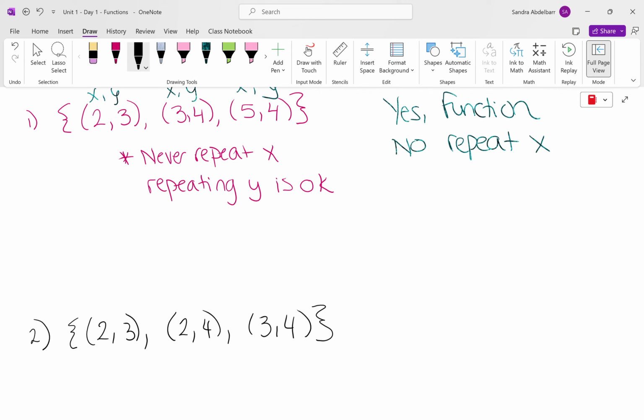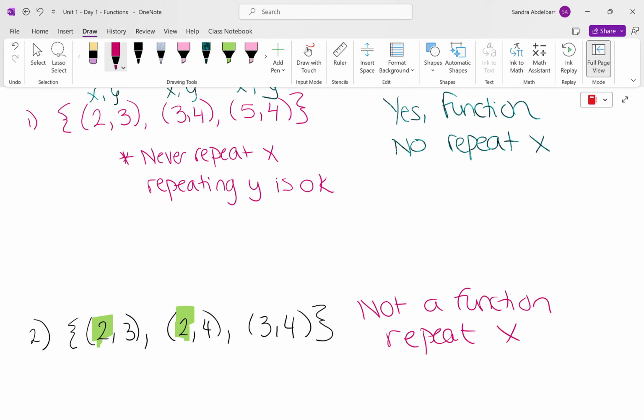How many people say this is a function? How many people say it's not a function? Good, you all win. Why is it not a function? What has been repeated? Good. We have the 2 repeated here, the 2 repeated here. So we're going to say not a function, repeat x.